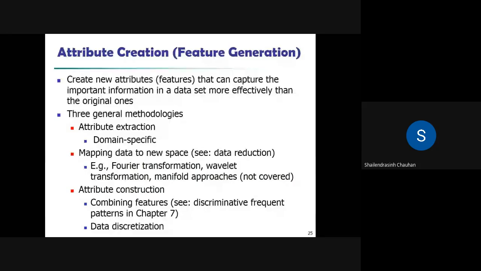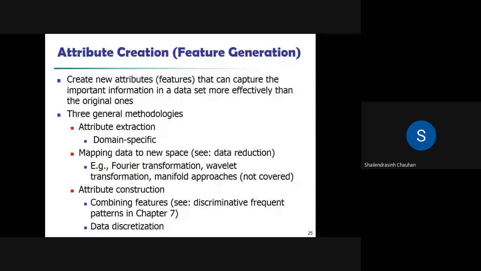That is, you're going to apply Fourier transform, Laplace transform, this kind of method, so you're mapping data to new space. Once you are having a few attributes with some numeric values, the same can be represented with one. So you can apply Fourier transform, Laplace transform, and whichever is suited, you are going to represent the data with that attribute.